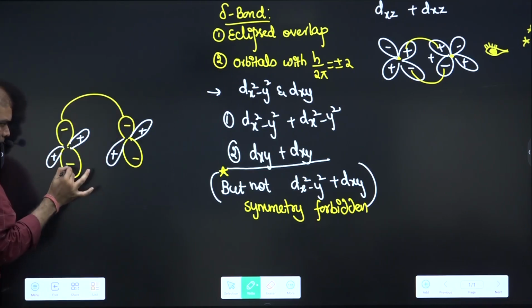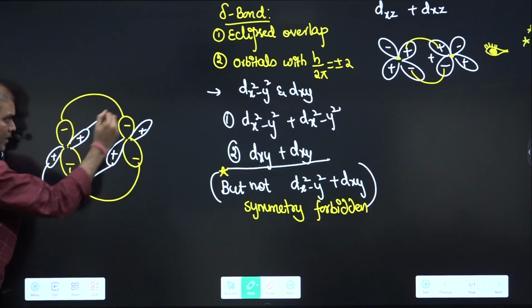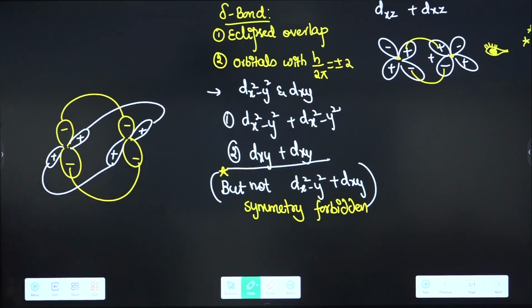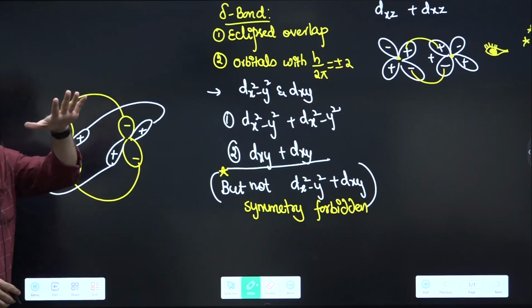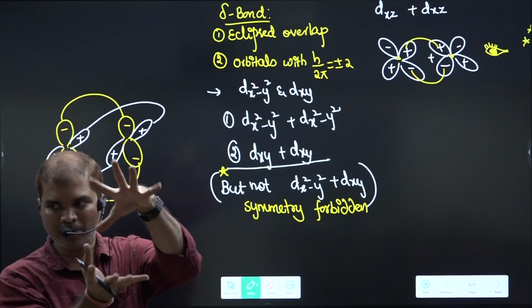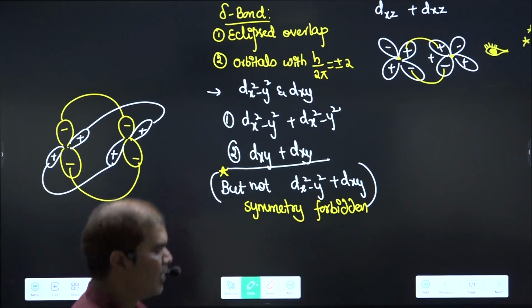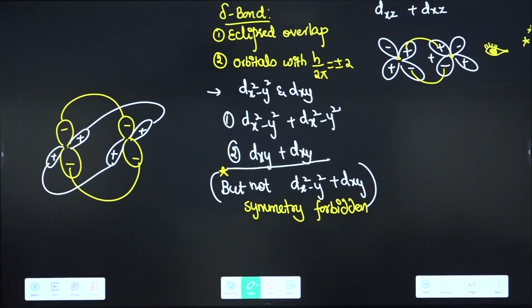These two lobes overlap, these two lobes overlap, these two lobes overlap. It means all four lobes of one orbital will overlap with all four lobes of the other orbital. It is like eclipsed overlap. Okay, that is delta. White, imagine that they are towards you and away from you. Yellow, above and below.